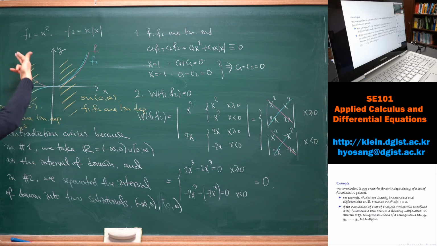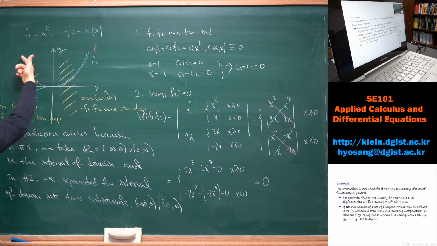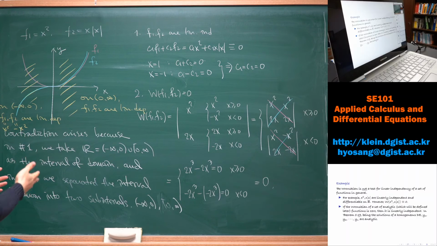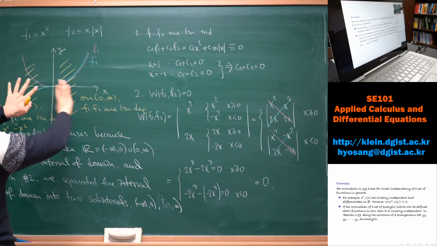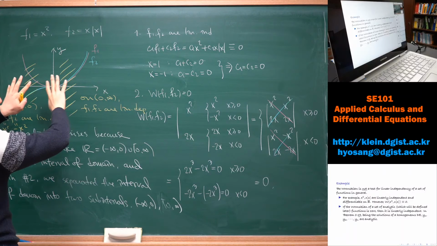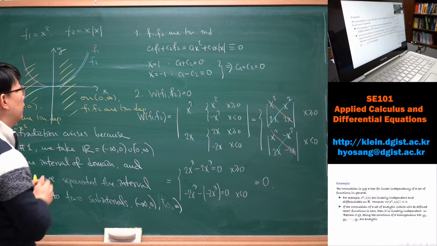On the left-hand side, the two functions are negatively related because f1 times minus 1 is f2. So you see that the constant multiple is different on each side. So you can say that these two functions are linearly independent on the entire real line.